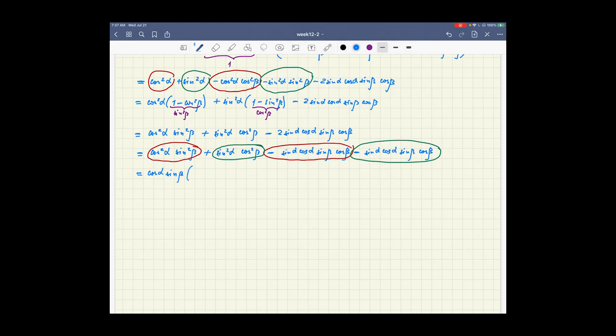So in parentheses, we will get cosine alpha sine beta minus sine alpha cosine beta from here. And for the green terms, when we factor out sine alpha cosine beta, in parentheses we will get sine alpha cosine beta minus cosine alpha sine beta.